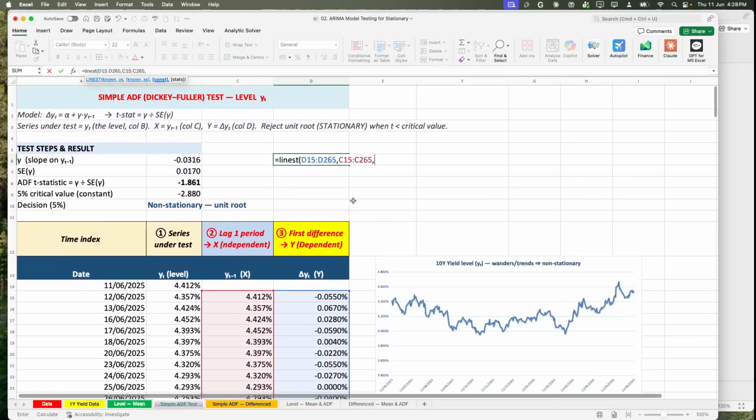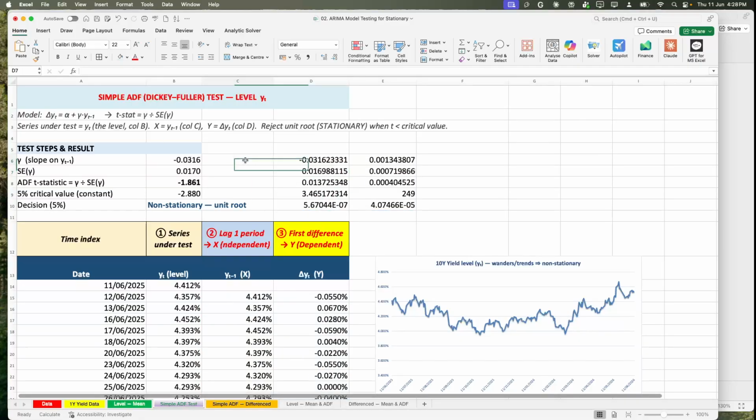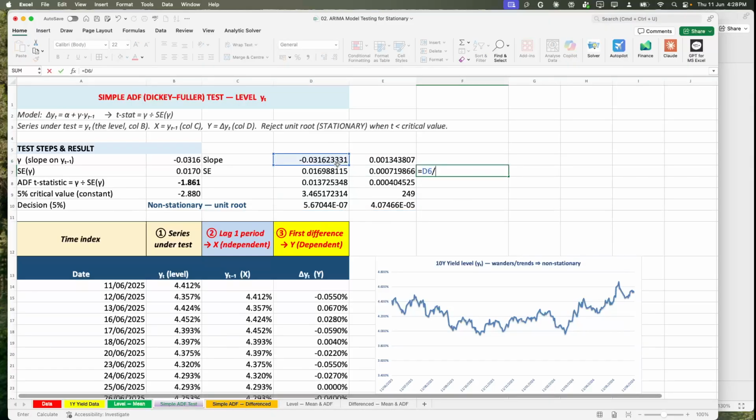That will give you the slope and the standard error. Now you divide the slope by the standard error, and that gives you the t statistic. So we got the ADF t statistic, which is minus 1.86.